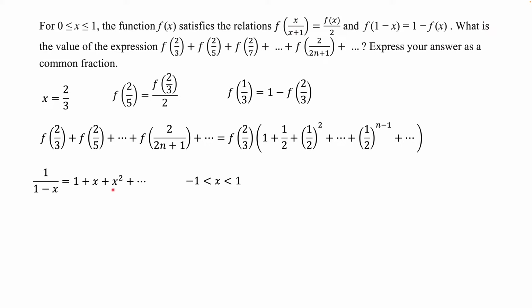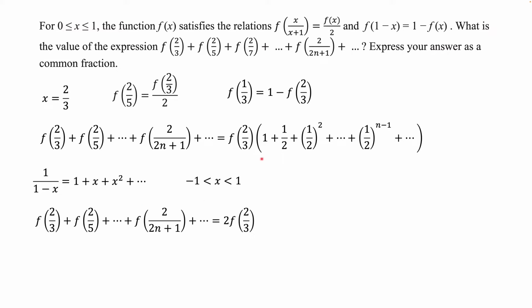If I have 1 plus x plus x squared and so on, and in my case x is 1/2, then the sum should give me 1 over 1 minus x, right? The only restriction, where I need to be careful, is that x should be between -1 and 1, and in my case it's 1/2, so I satisfy this condition. So this is 1 over 1 minus 1/2, that is, 2.